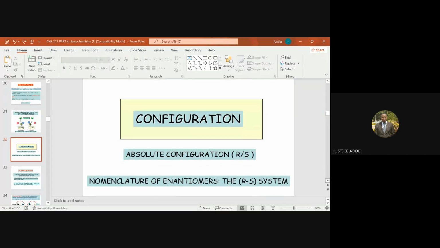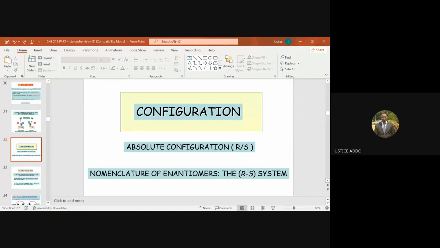Now, configuration. Okay, and then we're going to look at two types of configuration, which we call the absolute configuration. And the two types of absolute configuration, we have the R and then the S. Those of you who remember our first lecture, when I was talking about the limonene and then the epinephrine drug, we said that one of them, the R was okay, but then the S was toxic.